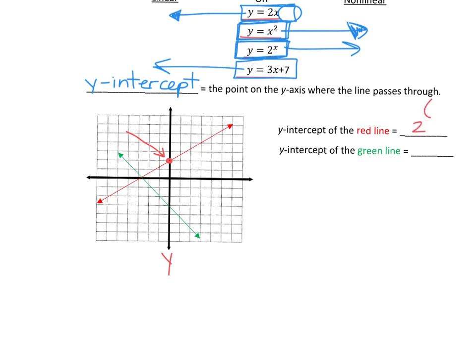You could call it the point (0, 2), but you can also just tell me 2. Okay, because what we're going to use it for, you only need the 2. Then look at the green line. What is your y-intercept there? -3. Okay, so you're going to have to find y-intercepts, and you're going to have to find slope. We've already found slope.